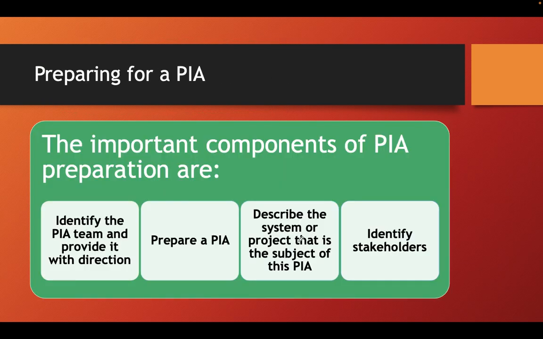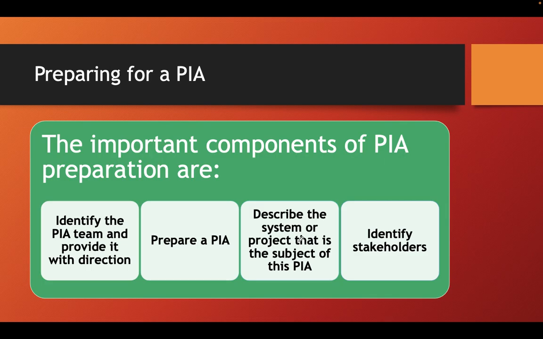Now let's move on to preparing for a privacy impact assessment. The important components of privacy impact assessment preparation are: you have to identify the privacy impact assessment team and provide it with a direction. So you have to know the team and give them a direction, what you want them to do. Then prepare a privacy impact assessment plan.